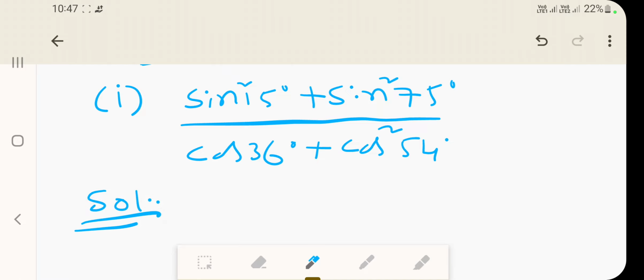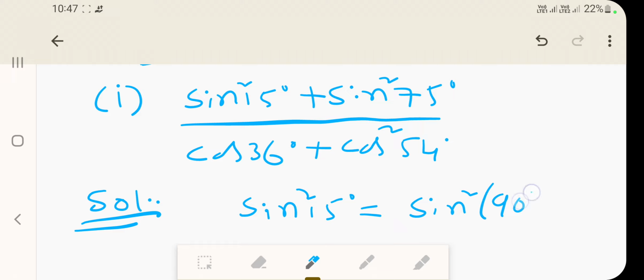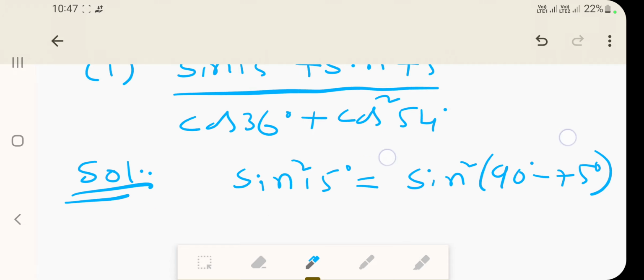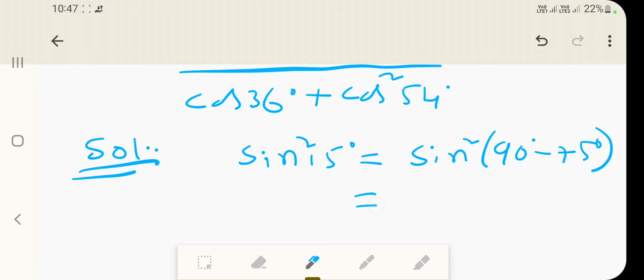So sine square 15, we can write it as sine square 90 minus 75.